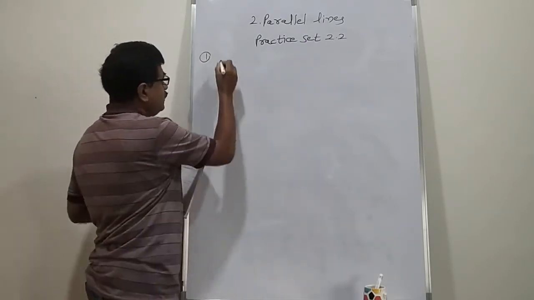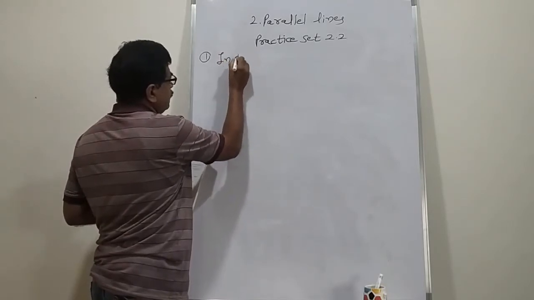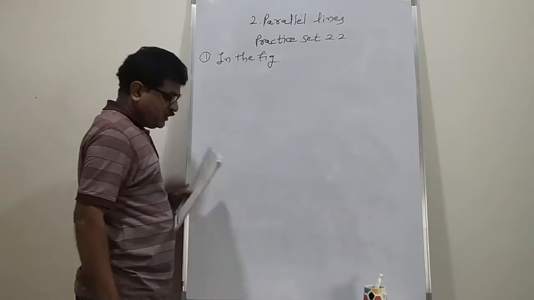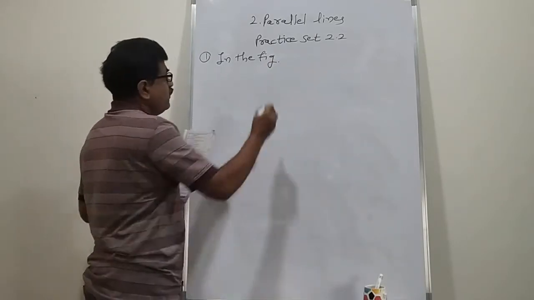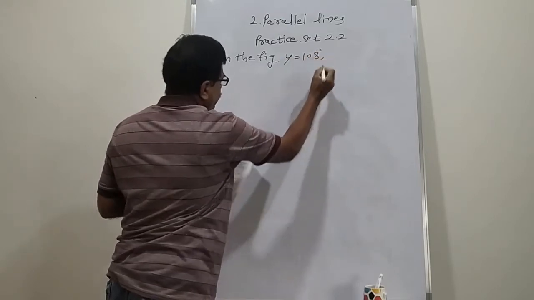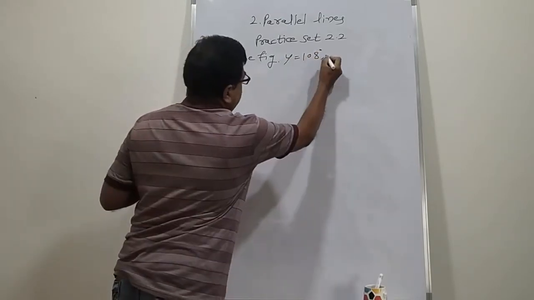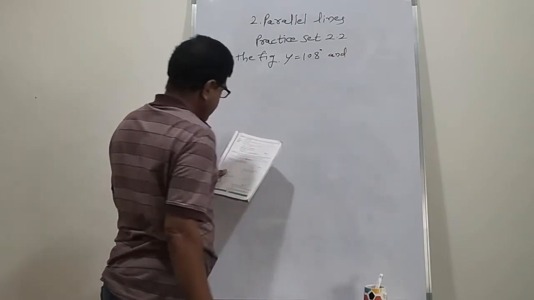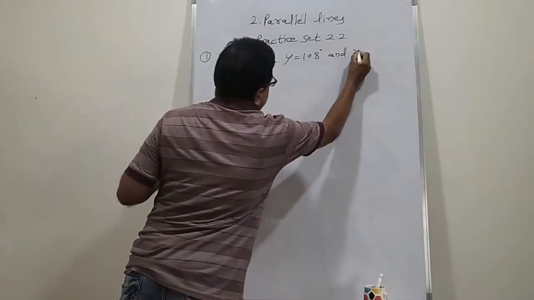Now the first example is: in the figure, y is equal to 108 degree and x is equal to 71 degree.